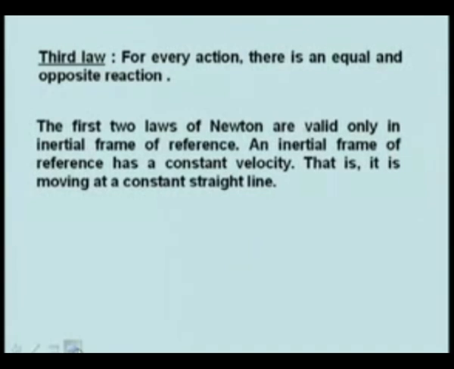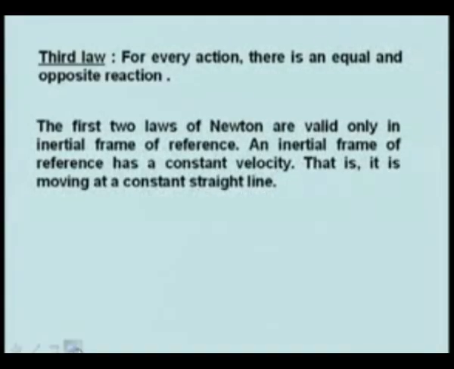the earth, when we design some machines in our lab, we find that Newton's first two laws are valid. Force is applied on the body, then it accelerates, and acceleration is proportional to force, force equals mass times acceleration. So this law holds good.